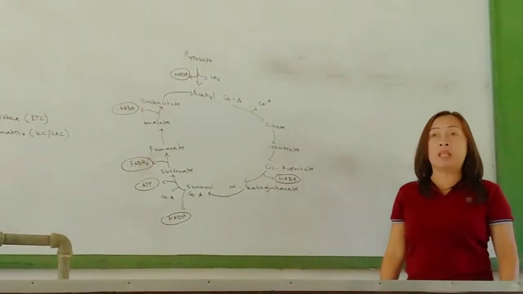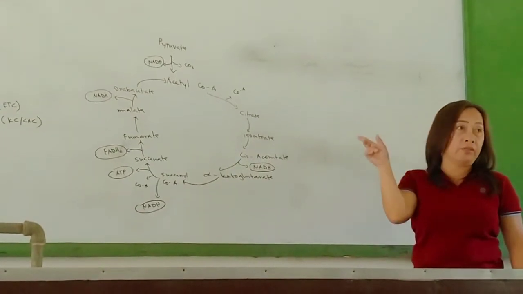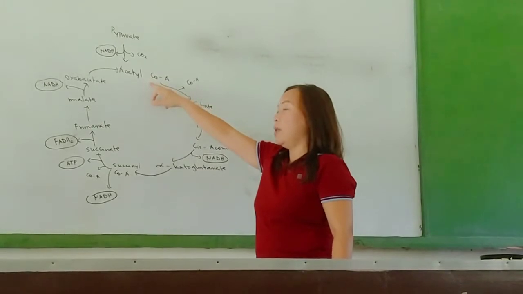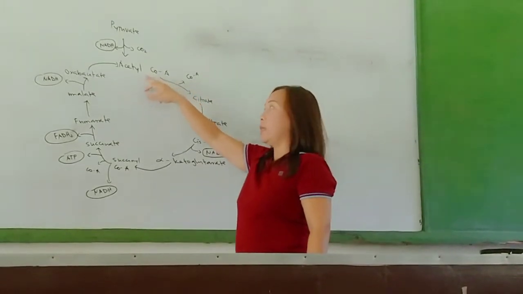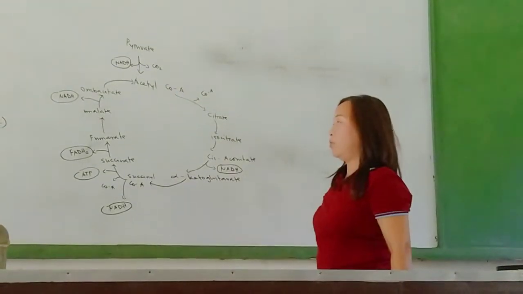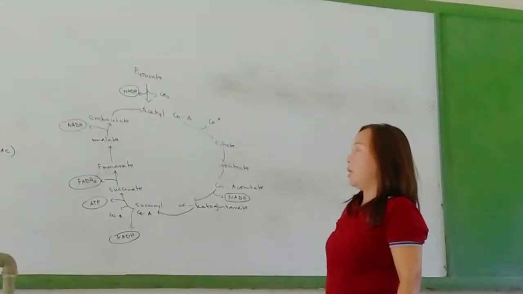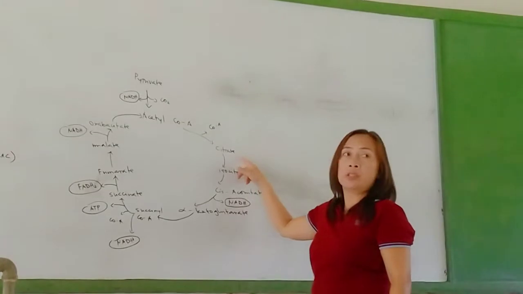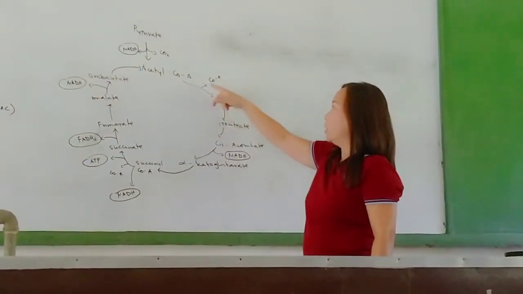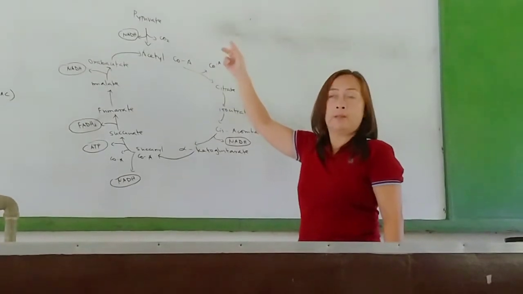Pyruvate undergoes decarboxylation, meaning there is removal of carbon dioxide, and the result is the intermediate product acetyl-CoA with the participation of CoA. Now, it's the acetyl-CoA that enters the citric acid cycle. Now, the CoA is released.